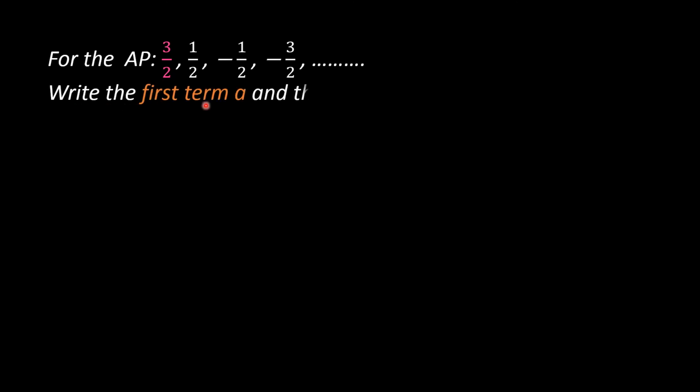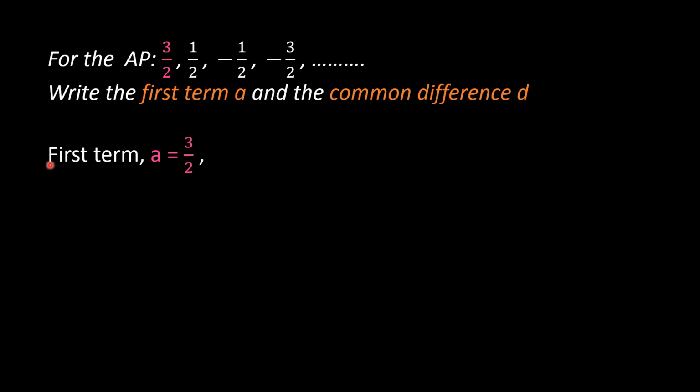Let us solve a few examples. For the arithmetic progression AP 3 divided by 2, 1 divided by 2, minus 1 divided by 2, minus 3 divided by 2, and so forth, write the first term a and the common difference d. Here, the first term obviously is 3 divided by 2, so we write first term a equals 3 divided by 2.